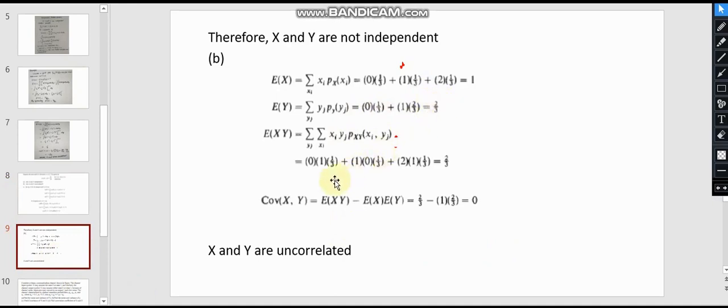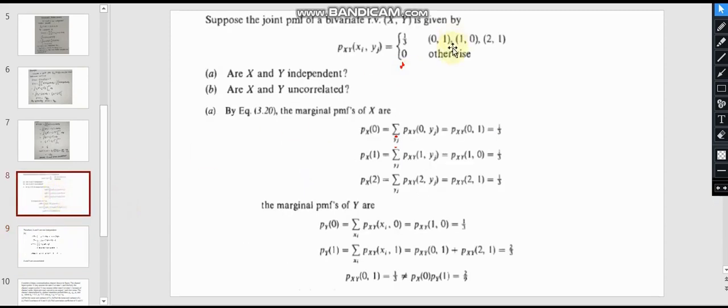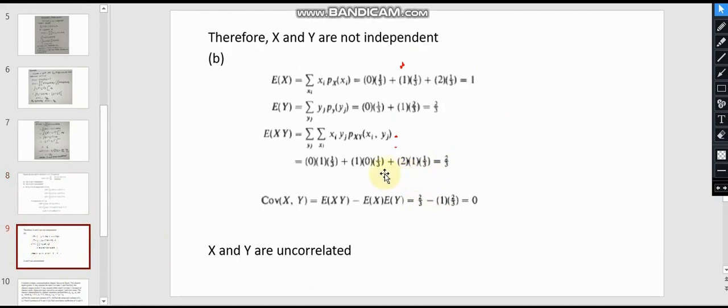The expected value of XY: when X is 0 and Y is 1, it is 1/3; when X is equal to 1 and Y is equal to 0, it is 1/3; when X is equal to 2 and Y is equal to 1, it is 1/3. The terms multiplied by 0 cancel out, so only the case when X is equal to 2 and Y is equal to 1 contributes.